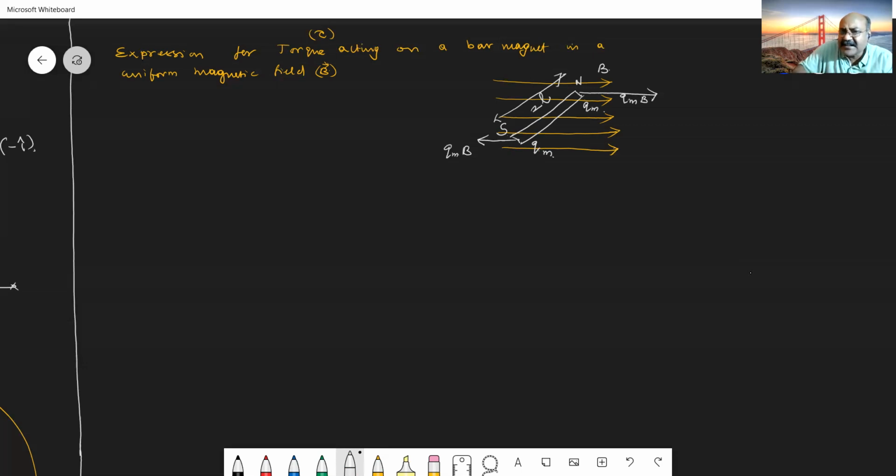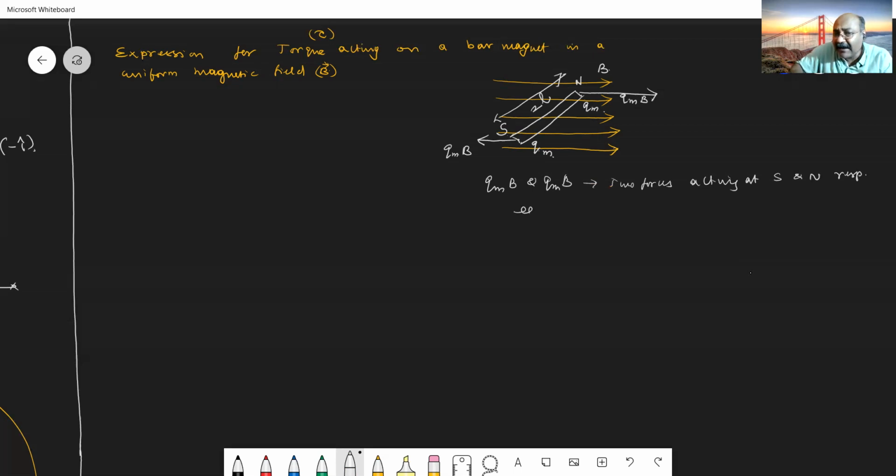Now you see, these two forces Qm B and Qm B are equal in magnitude. They are the two forces acting at the south pole and the north pole respectively.